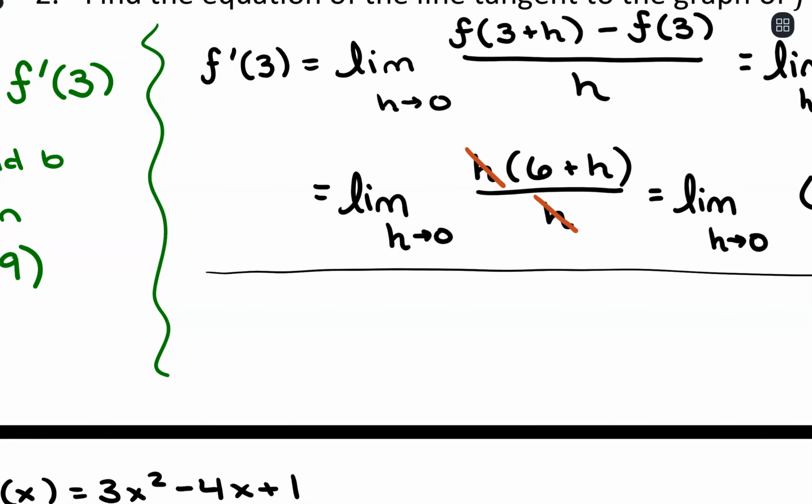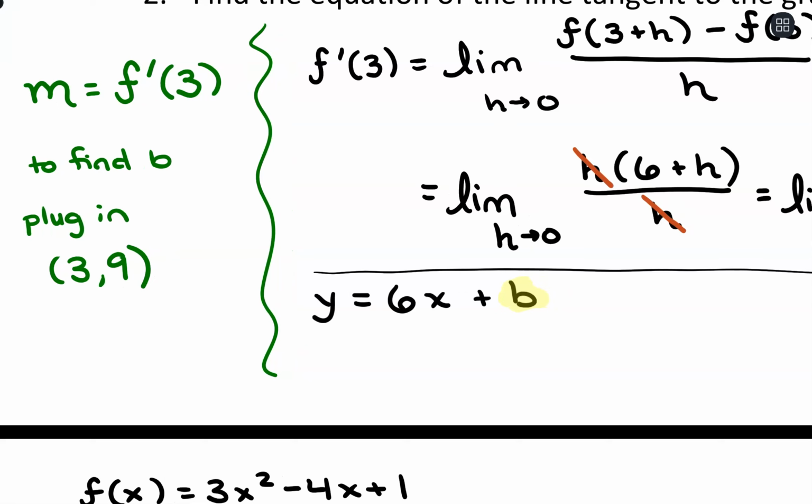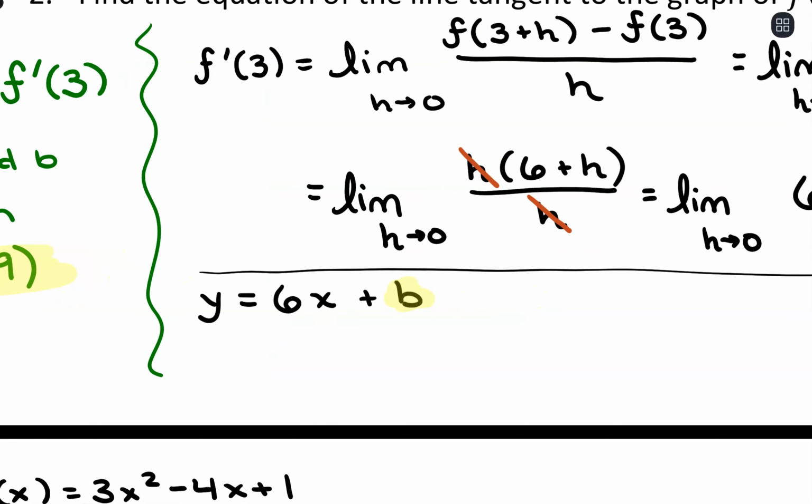So we know the equation of the tangent line is y equals 6x plus b. But now we need to find what is b. And we can find it by plugging in this coordinate 3, 9. So we're going to have 9 equals 6 times 3 plus b, which means we have 9 equals 18 plus b.